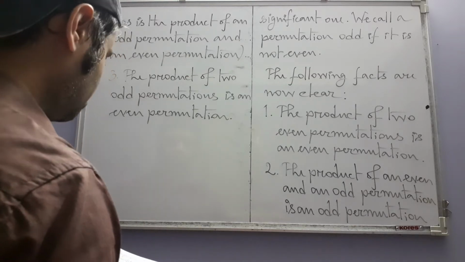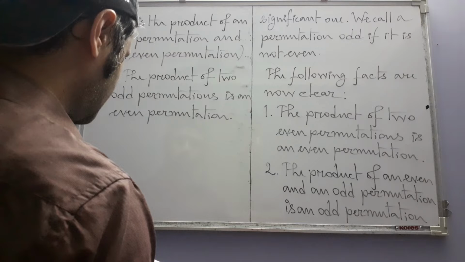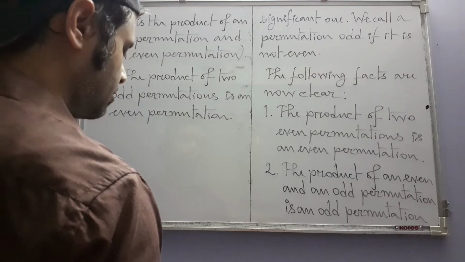The rule for combining even and odd permutations is like that of combining even and odd numbers.